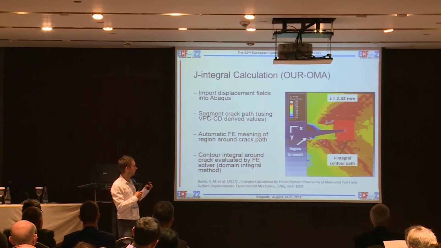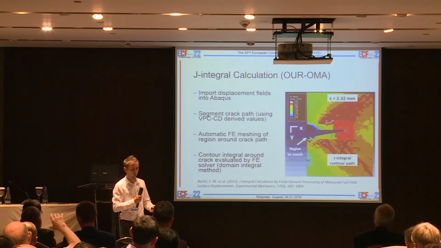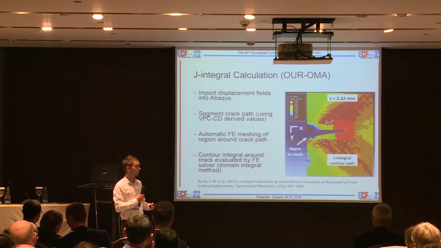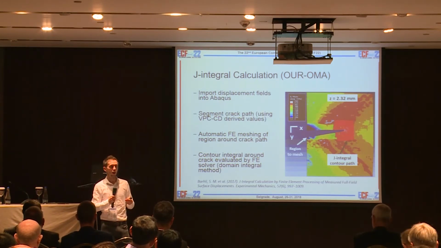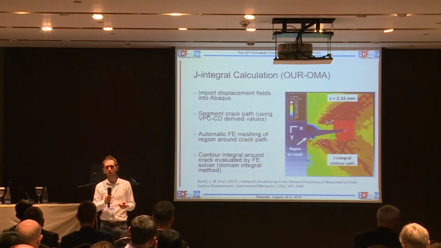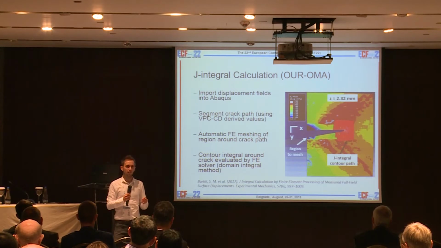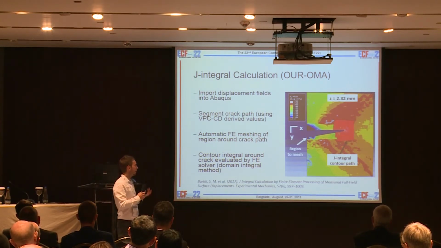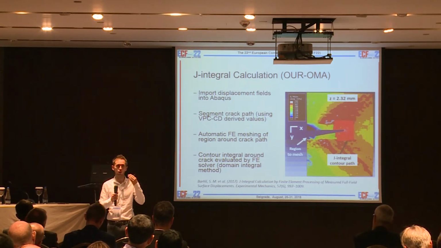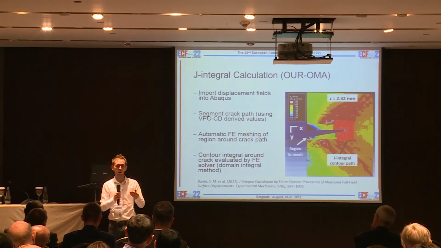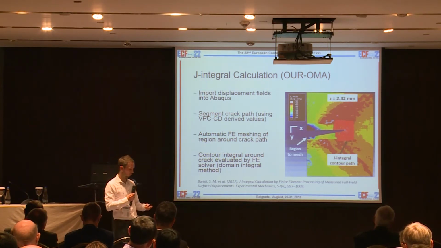Essentially this allows us to import our displacement fields into Abaqus, and then we use the PC-derived crack path and segment that out before going through a process of optimizing the boundary conditions and the meshing, before leveraging Abaqus's inbuilt FE solver and the domain integral method to calculate J. We're calculating J on a 2D slice-by-slice basis, iterating through the whole 3D displacement volume to calculate J as a function of position.